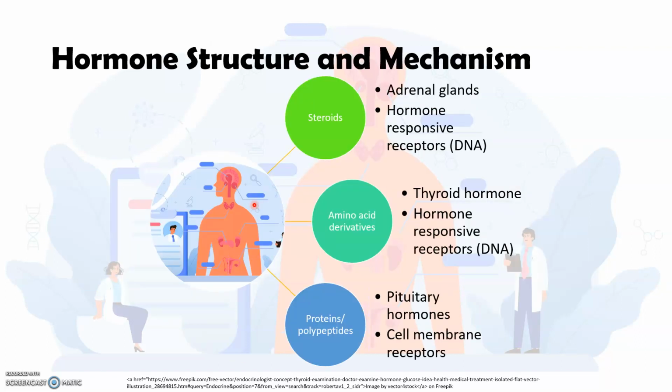Hormone molecules fall into three groups. There are steroid hormones, amino acid derivatives, and proteins and polypeptides. The steroid hormones are those produced in the adrenal gland and the gonads predominantly. They are produced from cholesterol through a process of hydroxylation or other chemical modification.